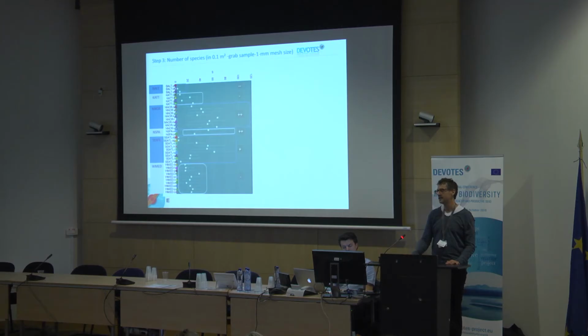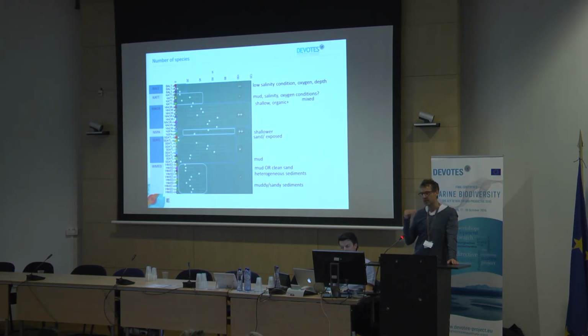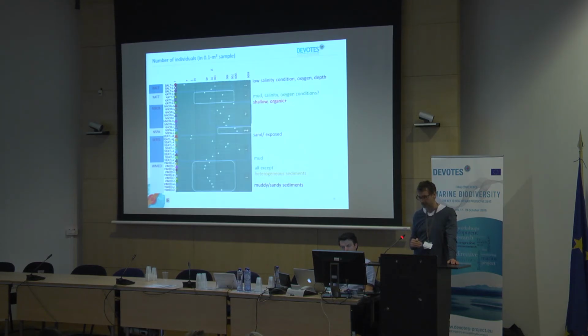Our results show that there are differences among the different data sets with communities that are species rich and communities that are species poor, and it also showed that there are differences within one data set among the different communities, with communities showing high number of species and communities showing much lower number of species. Regarding number of individuals, this is basically the same results. We show that there are differences among the data sets, but also differences among the benthic communities within one data set.